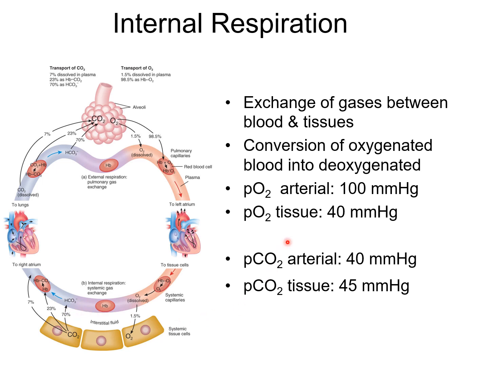So let's take a look at the numbers. This is going to drive the movement. In the arterial end of the capillary, we have 100 millimeters of mercury oxygen pressure. The tissues, because cells used up the oxygen, have 40 millimeters of mercury oxygen pressure.